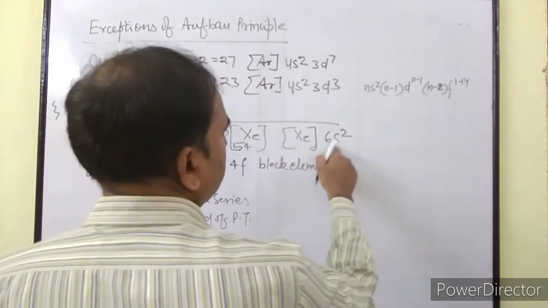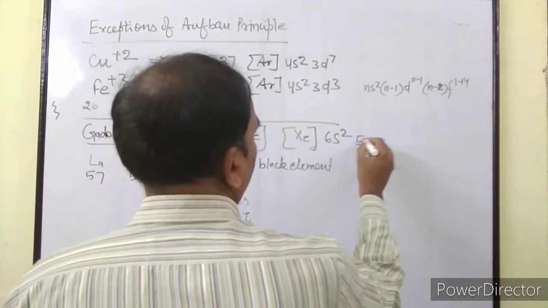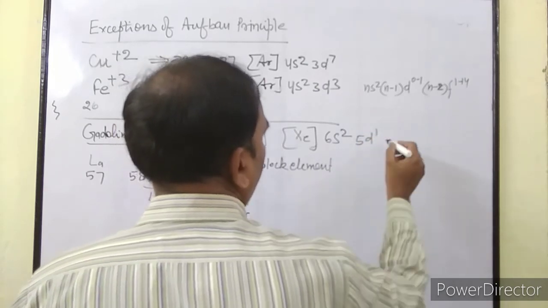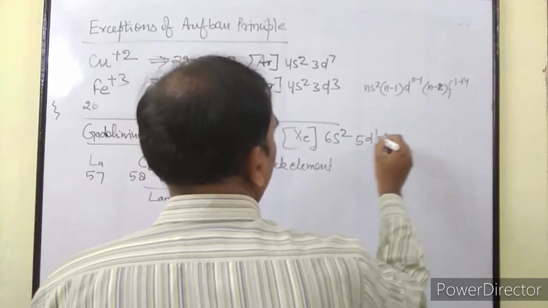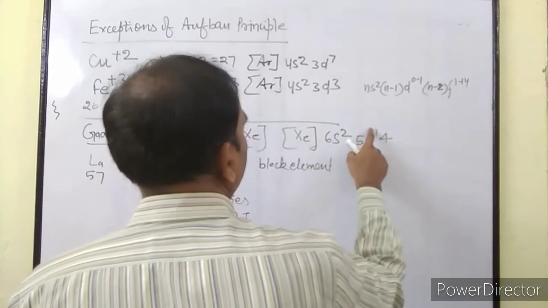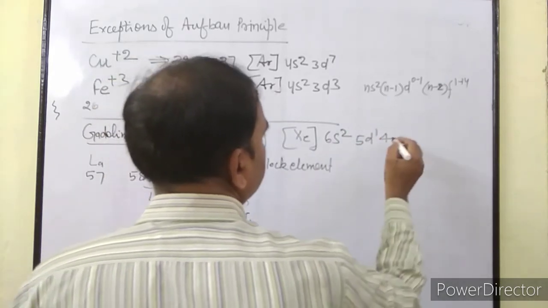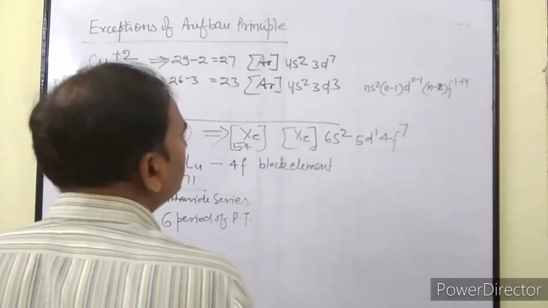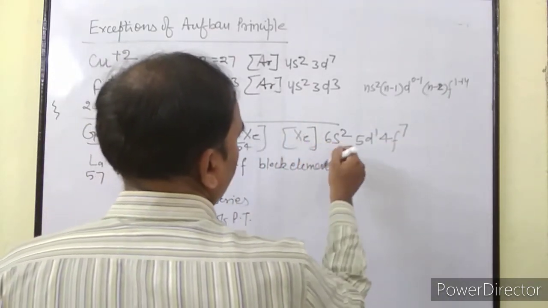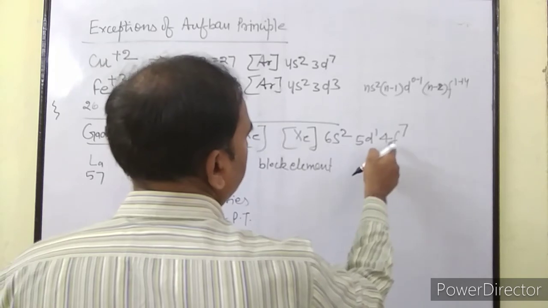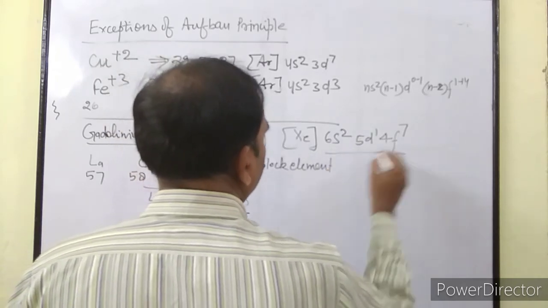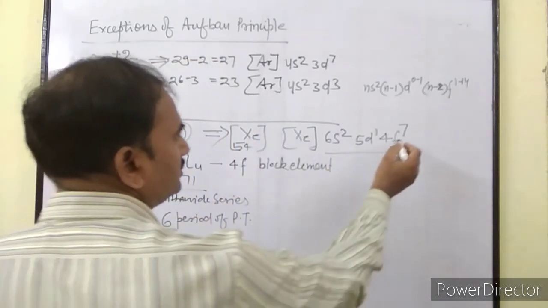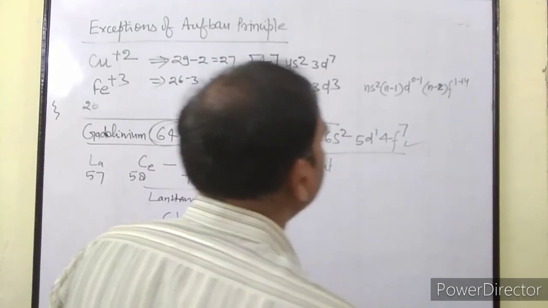So 6s2, 5d1, and 4f: 2 plus 1, 3 electrons are arranged here, rest remaining are 7 electrons. So the electronic configuration will be xenon 6s2 5d1 4f7. This is very important. This question has been asked many times in NEET and IIT.